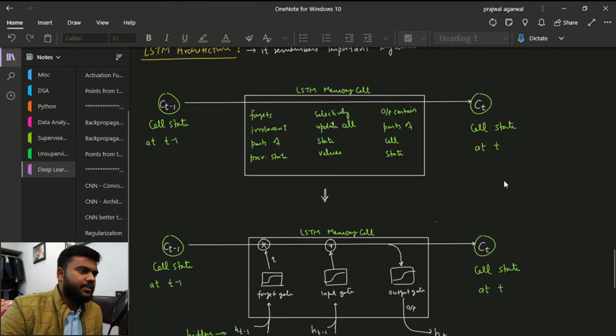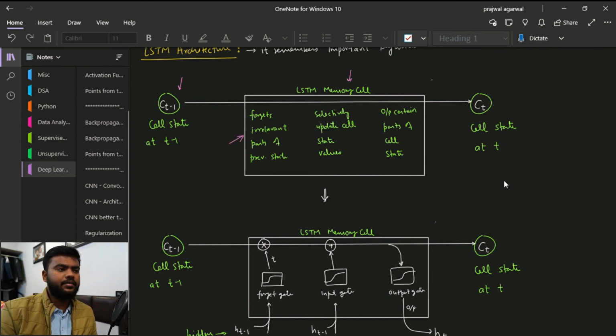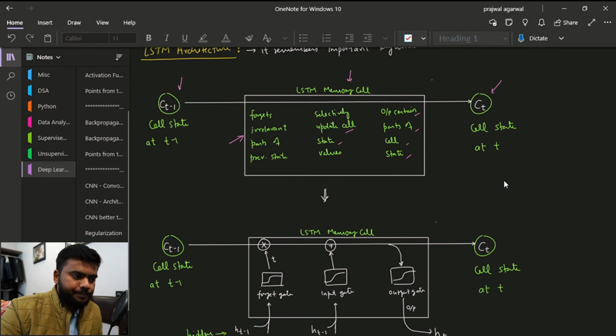So this is the architecture. First we have the cell state. Then the data is passed through an LSTM memory cell. What the LSTM memory cell does is it forgets the irrelevant part, selectively updates the cell state values, and outputs certain parts of the cell state. That is what the state of the cell is at a time t.